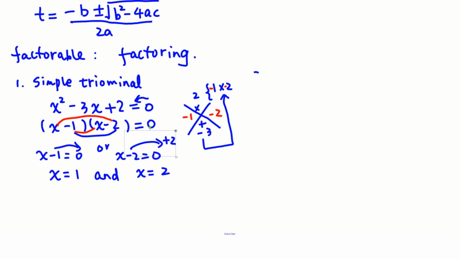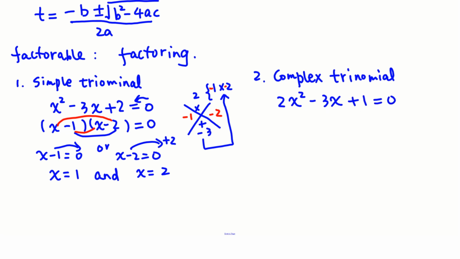And for factoring, we also have another type, the complex trinomial. Complex trinomial is like one of the examples, 2x squared minus 3x plus 1 equals 0. So for this one, make sure that when you are looking for two numbers that add together to negative 3, they multiply together to a times c.